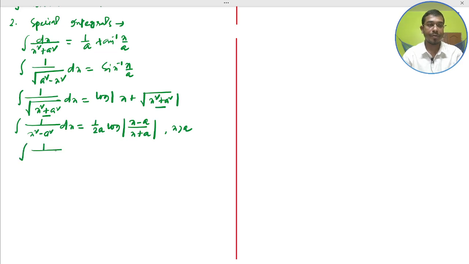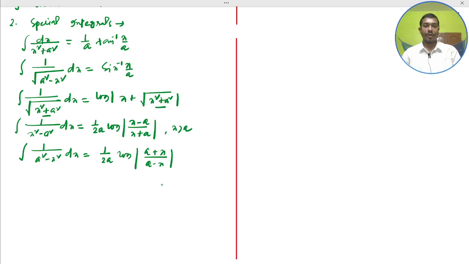Next, 1 by a square minus x square dx. This would be what? 1 by 2a log mod a plus x divided by a minus x.